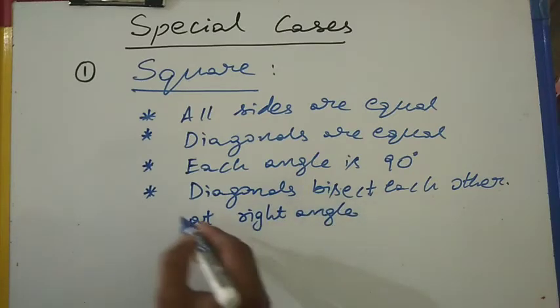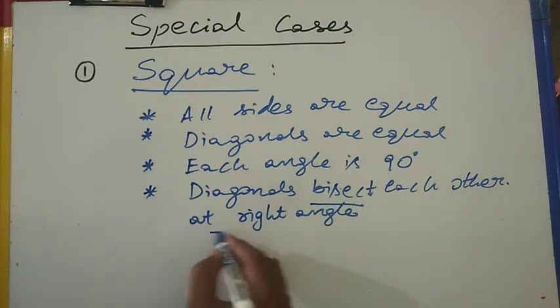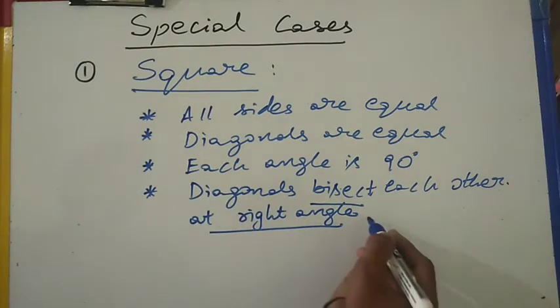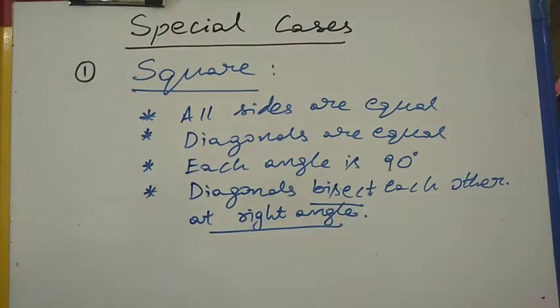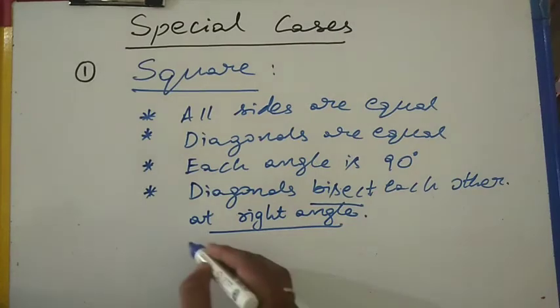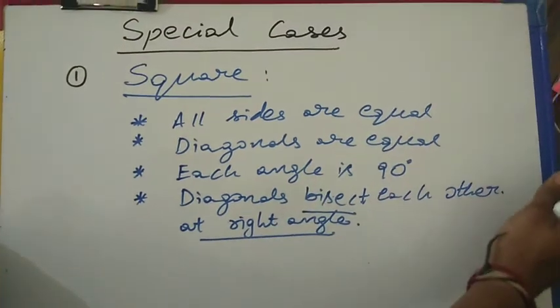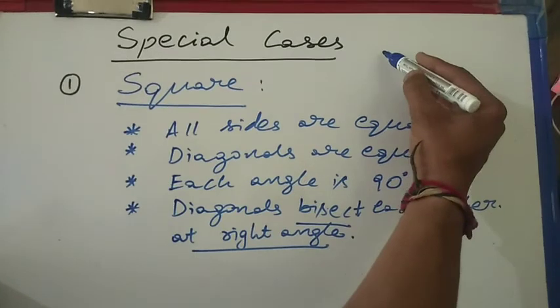That means they not only bisect, they even bisect perpendicularly. For example, if you see the figure, let me explain with a figure.